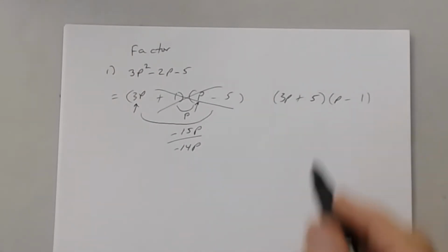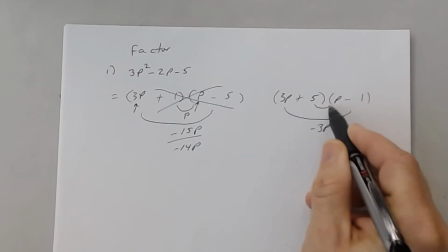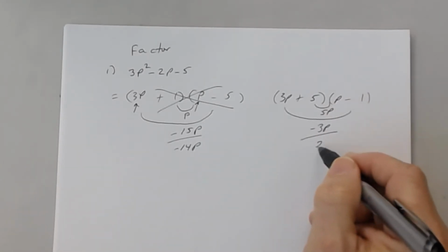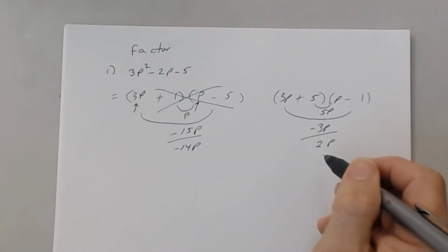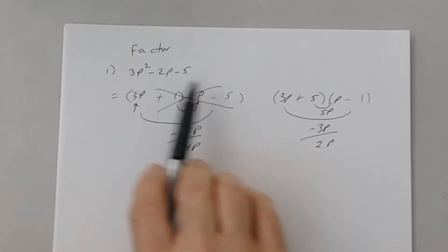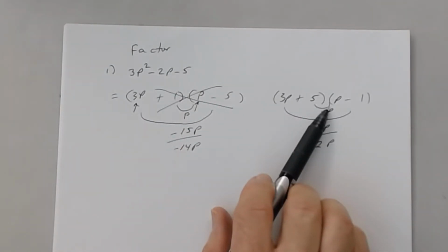Check. What's the outer? -3p. What's the inner? And when I add them up, what do I get? +2p. I'm almost there. I want a what? -2p. So what does that imply by these signs? They have to be changed.